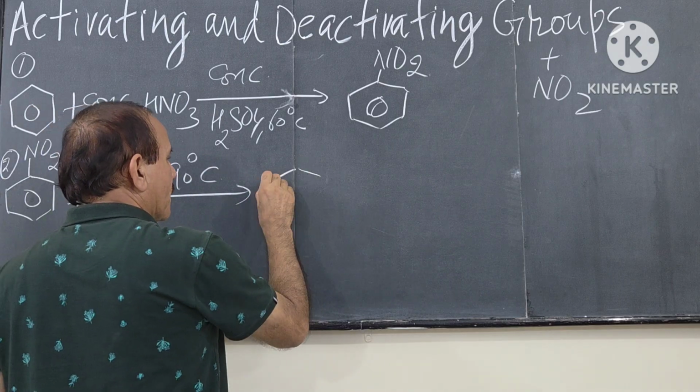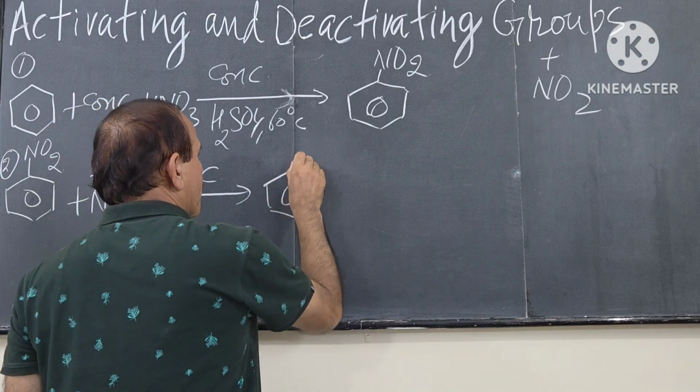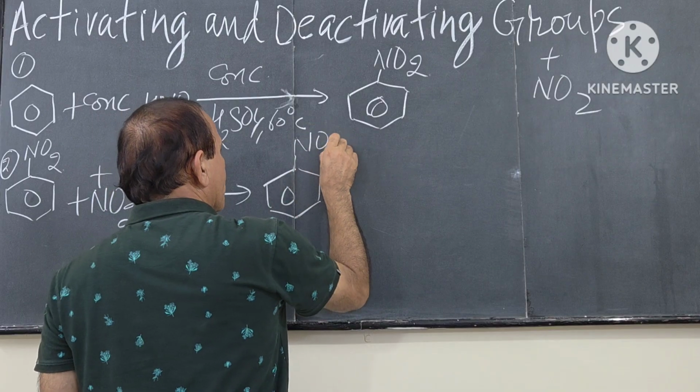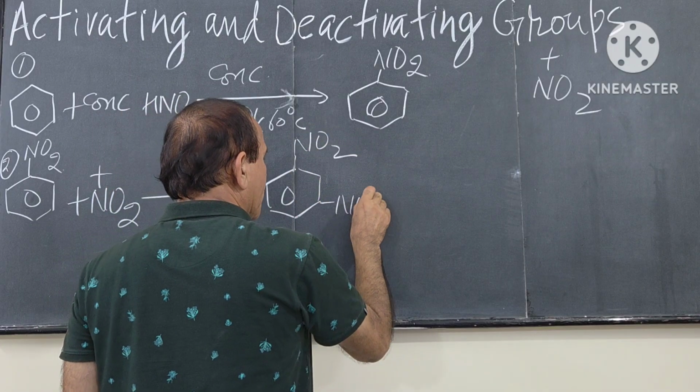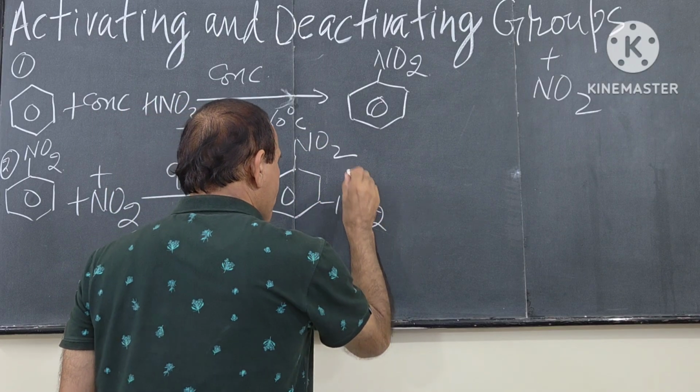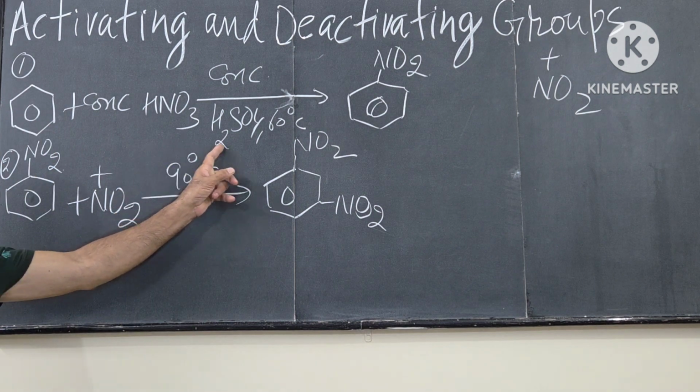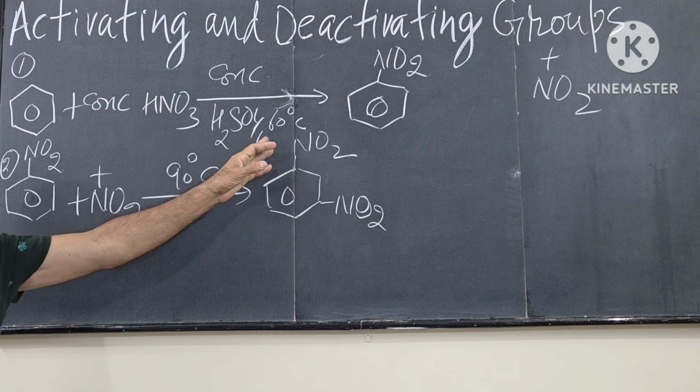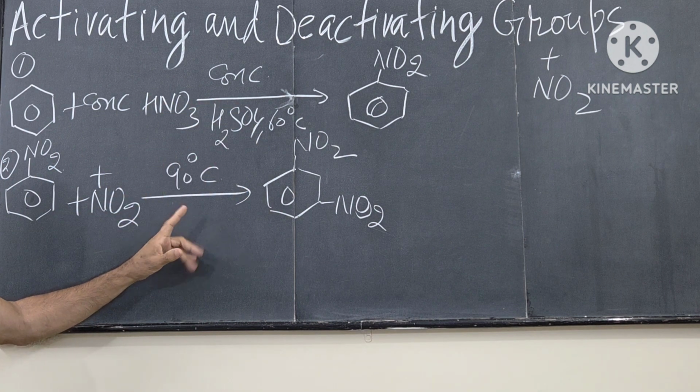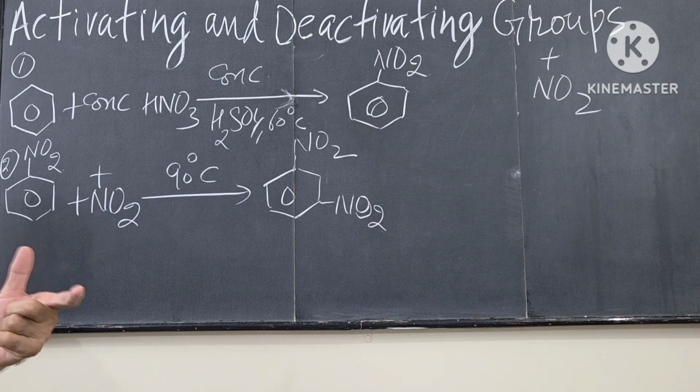What do we get? We get this product, NO2 and NO2, 1,3-dinitrobenzene. Here the temperature is more by 30 degrees Celsius. Why? The question is why?